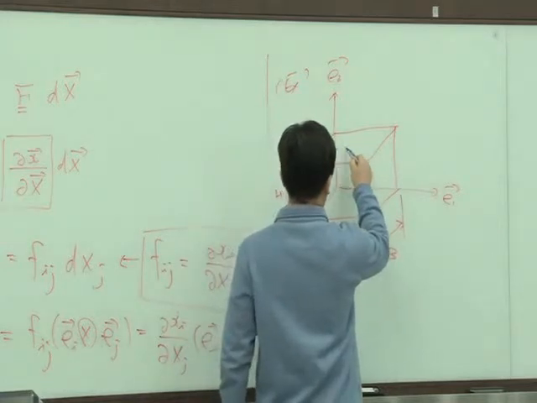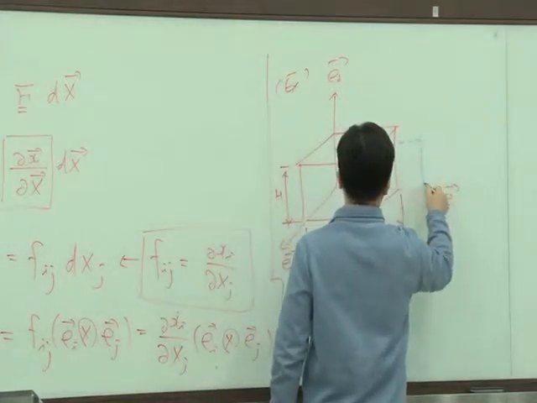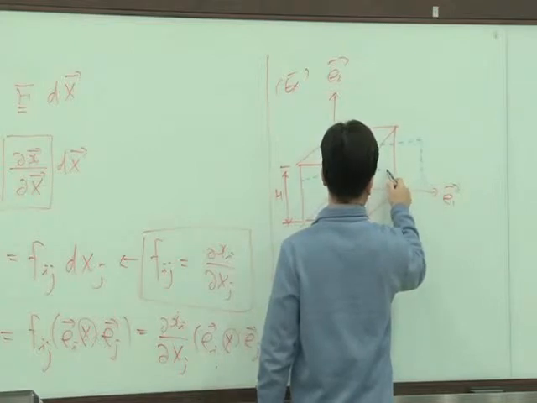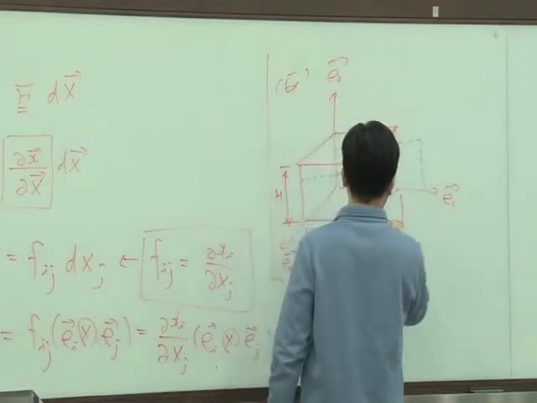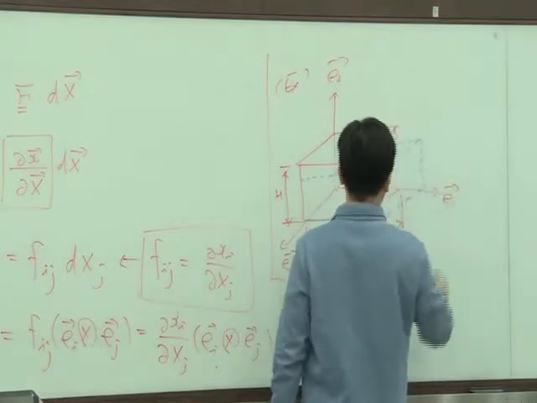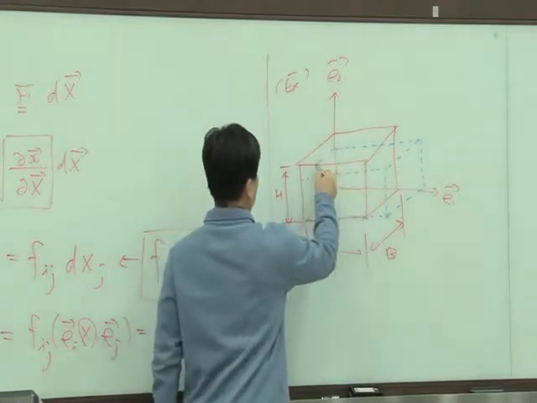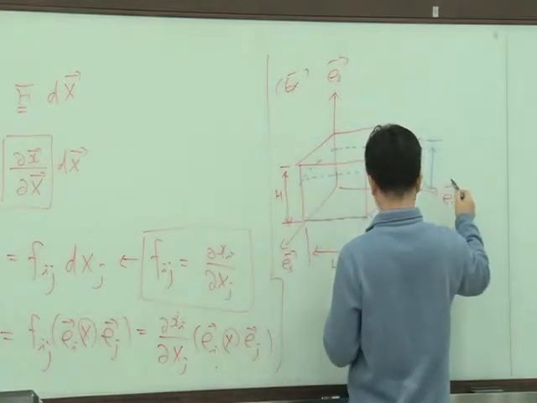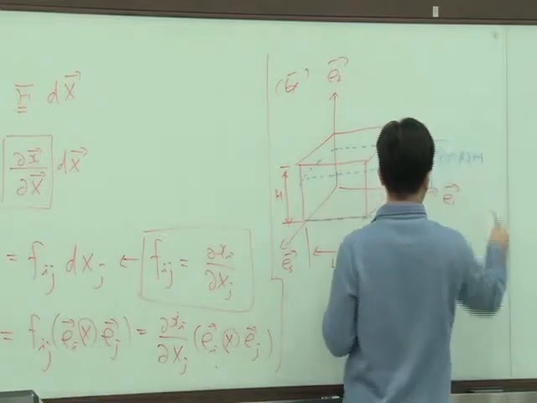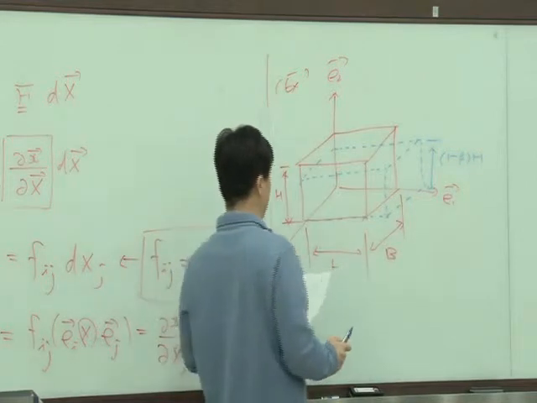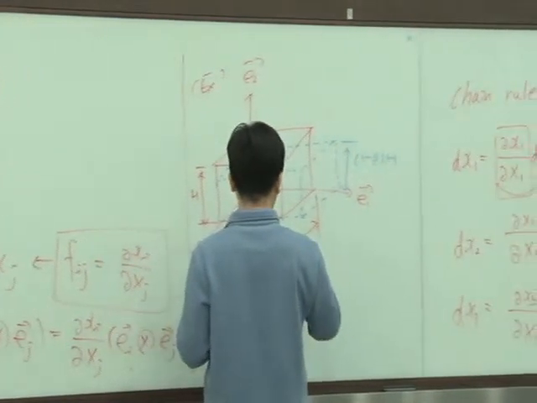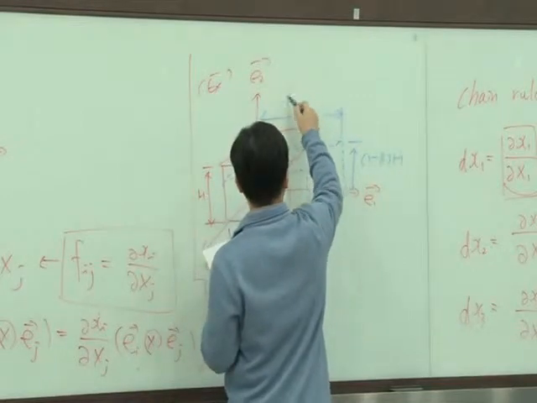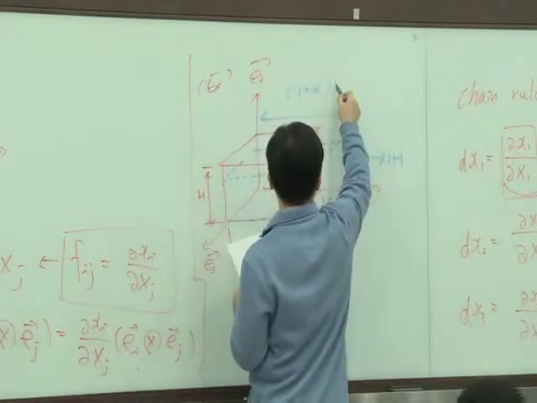And after some time, this body will be stretched. The height decreases, the width is the same, and the length increases. The length becomes one plus alpha times L.